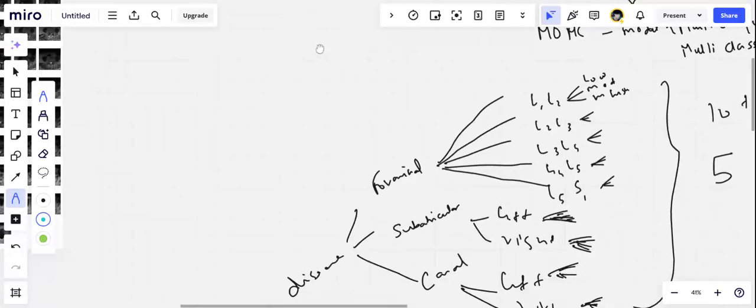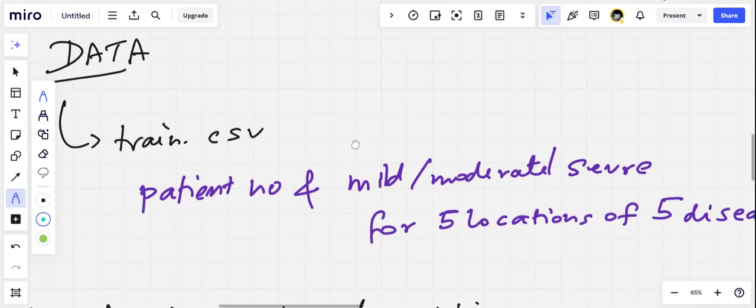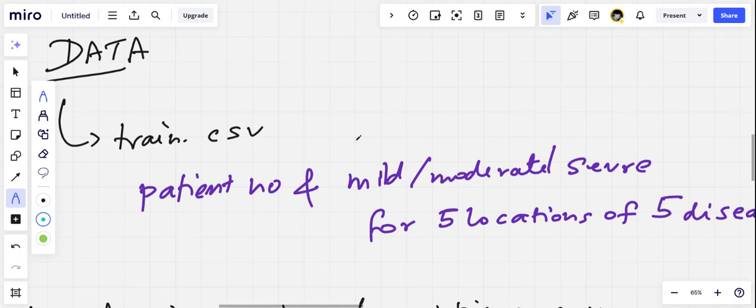So about how the data is stored: the data is contained in two CSV files. The first one is train.csv, which has the patient number, and for each file the locations and five diseases, and how mild, moderate, or severe the diseases are. So for each patient, whether it is mild, moderate, or severe at five locations for five diseases is present in train.csv.